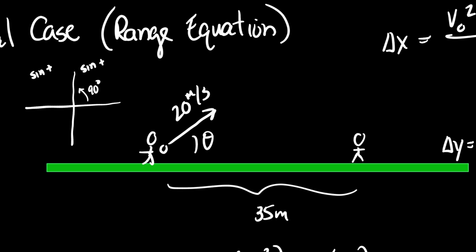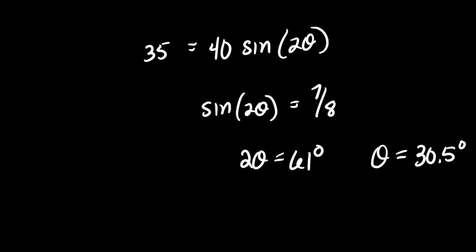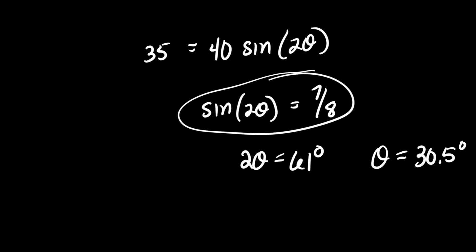You notice you get 0.875, right? Do you notice that? Because the truth is, there are lots of answers to this function, right? Every time we go around again, we get another answer. So although 2 theta equals 61, 2 theta also equals 119 degrees.